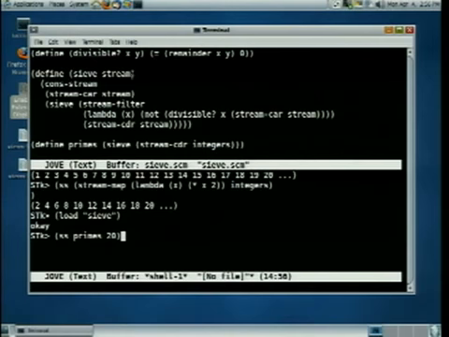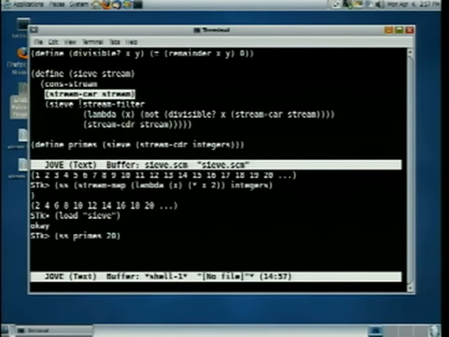So what does this say? We take stream-cdr of integers, because integers starts with 1, which doesn't count for primality. We want to start with 2. And we call sieve. Sieve takes a stream of all the numbers that haven't been crossed off yet, basically. It says cons-stream the first number. That's like drawing a circle around the first number. We keep it. It's prime.